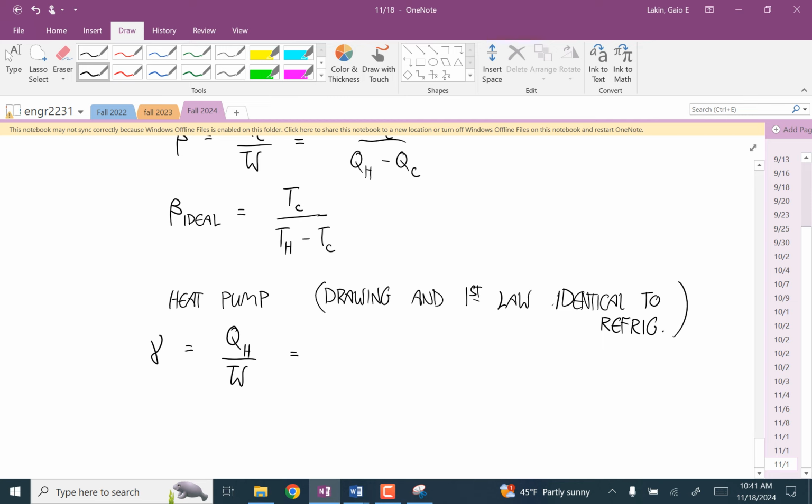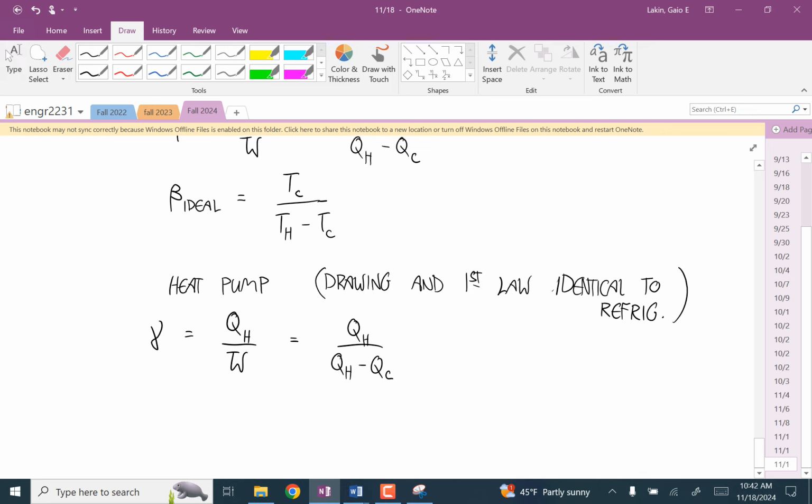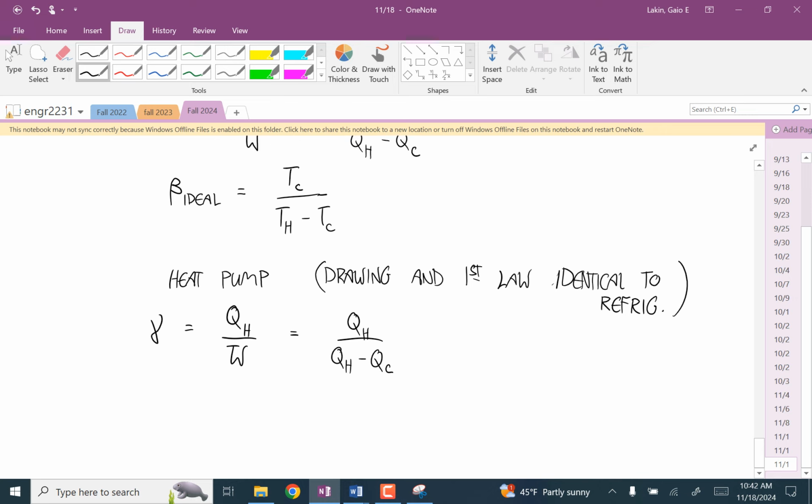Substitute in the first law, and you get QH over QH minus QC. And then replace all those heats with temperatures. And for a given set of reservoirs, your ideal performance is TH over TH minus TC.